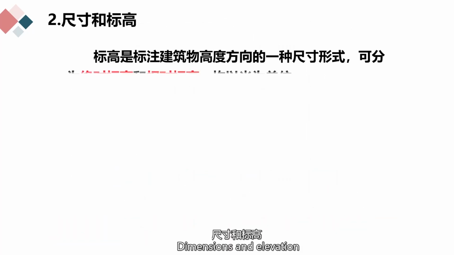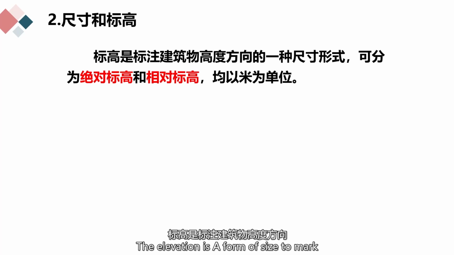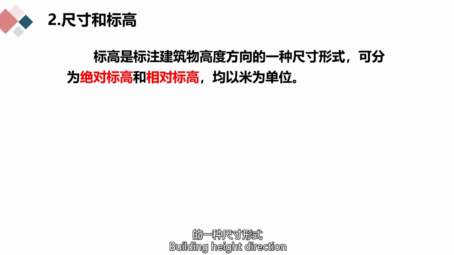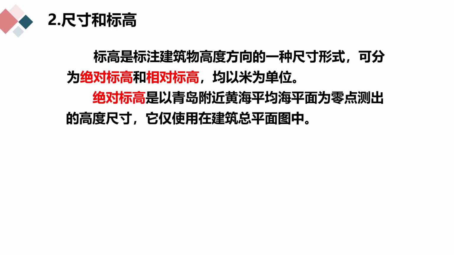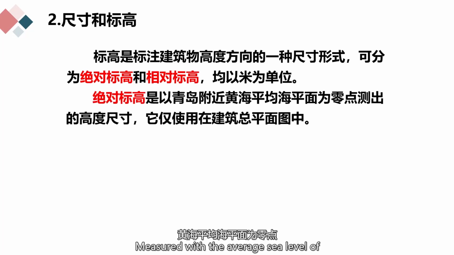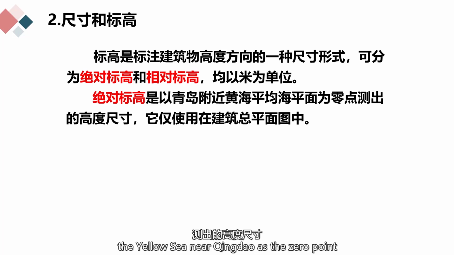Dimensions and elevation. The elevation is a form of size to mark building height direction, which can be divided into absolute elevation and relative elevation. All are in meters. Absolute elevation is the height dimension, measured with the average sea level of the Yellow Sea near Qingdao as the 0 point.